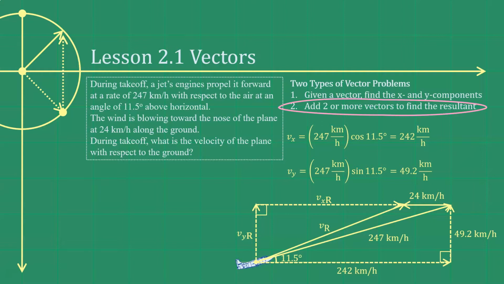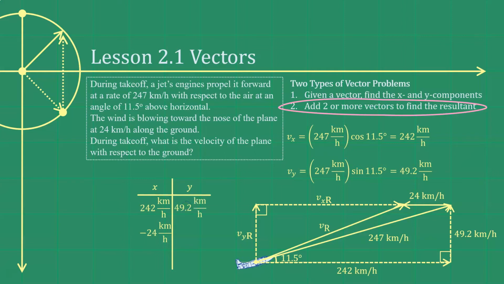Now I can figure out what the y component and x component of my resultant are using that technique that I used before, where I add together my x's and my y's. And again, do this however you prefer. I prefer this technique because it helps me keep my variables straight. So in the x dimension, I have 242 kilometers per hour from my first vector and negative 24 kilometers per hour from that second vector that's pointing directly at 180 degrees.